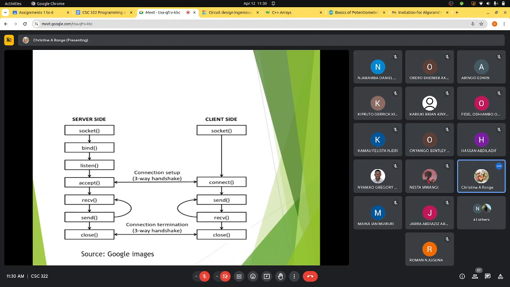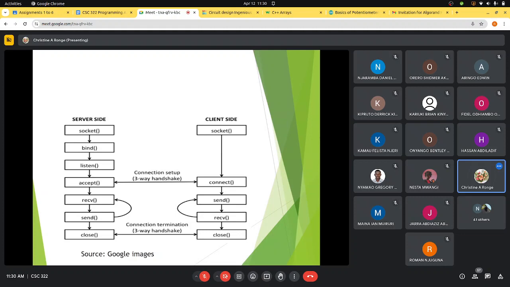You are now using a different model of programming called the client-server programming model. So you have to understand how that model works. But in a nutshell, requests come from the client, and a server gives you only a reply.